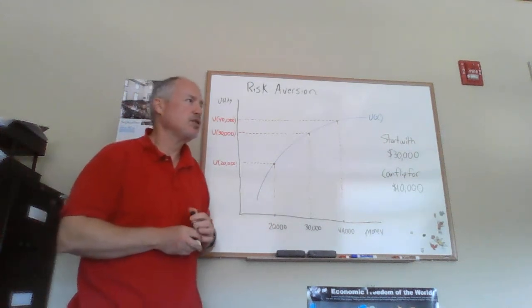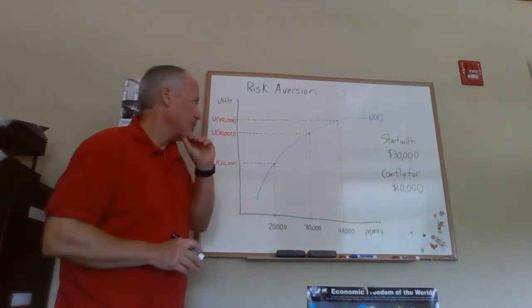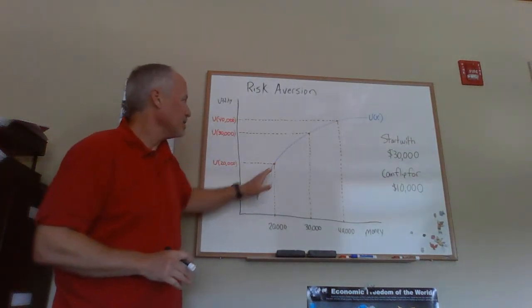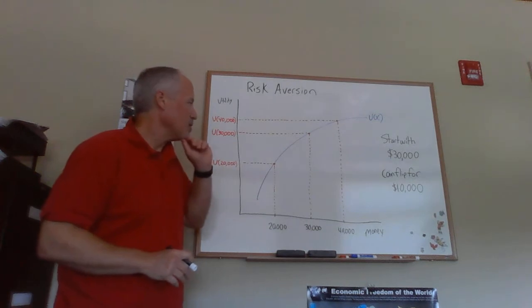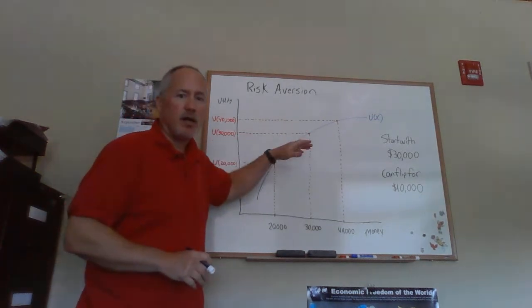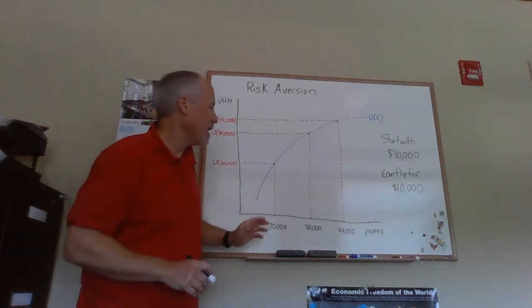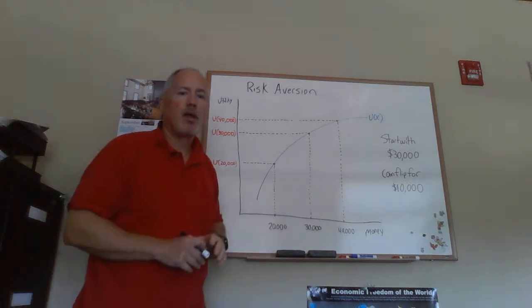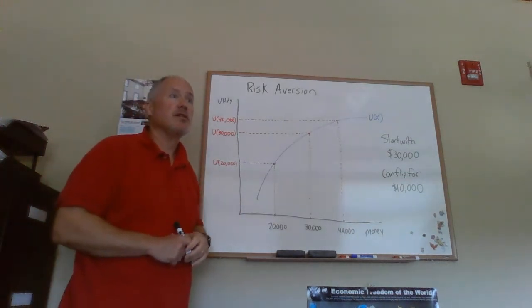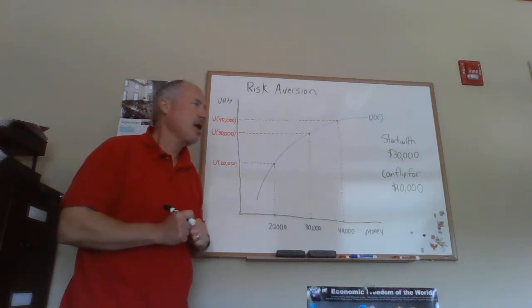So would this person want to take a fair gamble or not? This person can be risk averse. The key thing to see about this utility of money function that I've drawn here is that it's bowed. It has a positive slope, but it's becoming flatter as we move to the right. Another way to think about it is this is decreasing marginal utility of money.